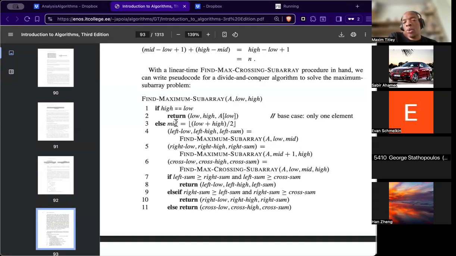Otherwise, we say that the mid equals the floor of (low plus high) over 2. That gets us to the middle of the array. Then we're going to go from left-low, left-high, and left-sum, and find maximum subarray by splitting the first array into the first half. And then we're going to say, okay, let's also do the same thing for the right part.